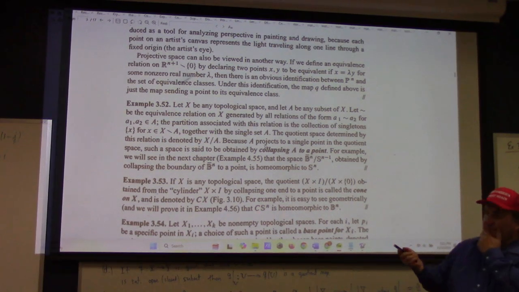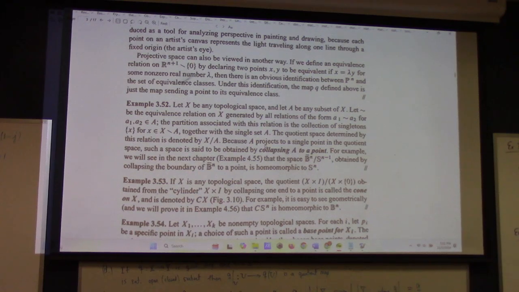All right, what does it say in the later one? So remember that, CSn homeomorphic to Bn, I'm going to write it down.